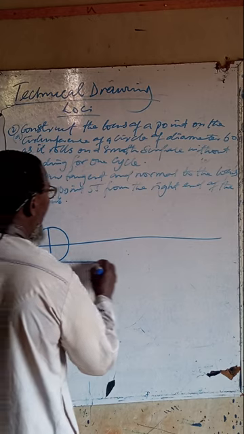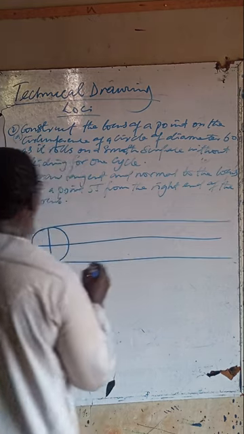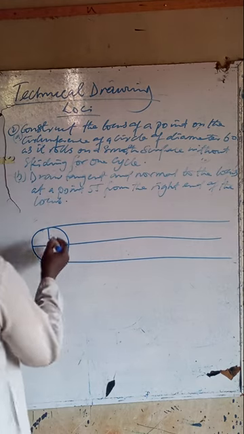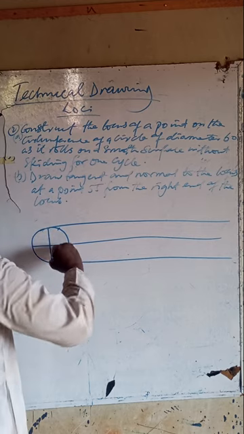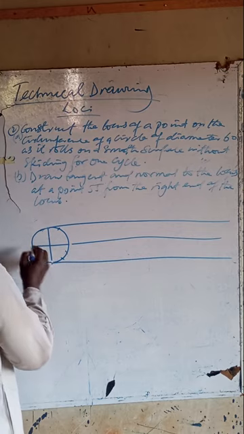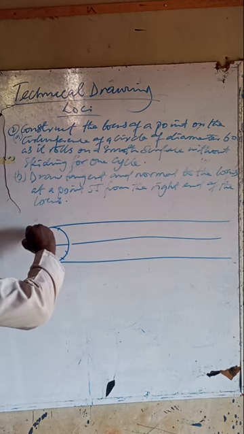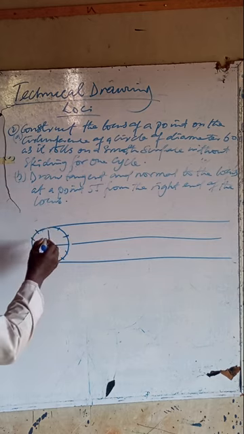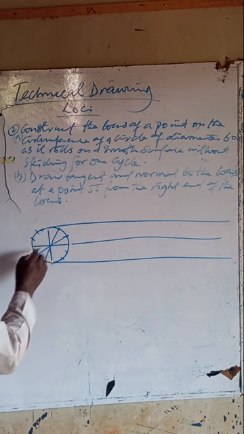Now you divide it into 12 equal parts. Use the radius of the circle: you stay here, you mark out above and below; stay here, mark it to the right and to the left. Then you join all of them.